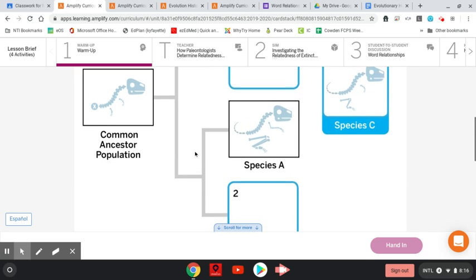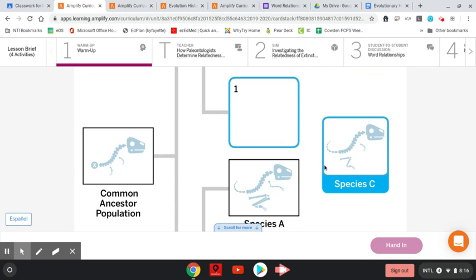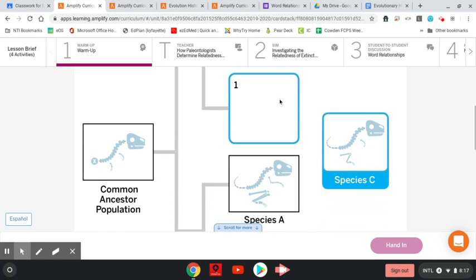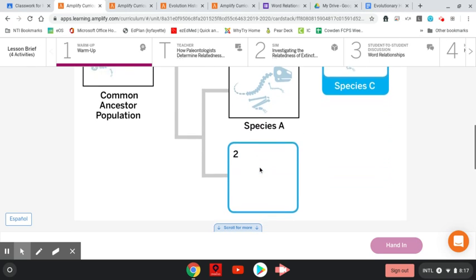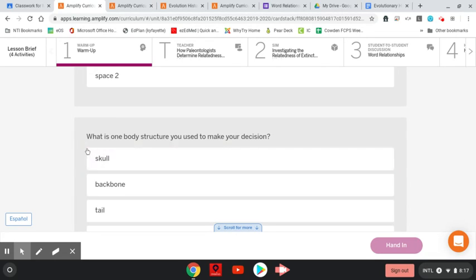So you want to look at the body structures, so the parts of the body that species has, and compare it to species A and species B. I have placed a little hint on a document that I will share with you, a PDF, to help you make that choice. The next question is, what is one body structure that you used to make your decision?